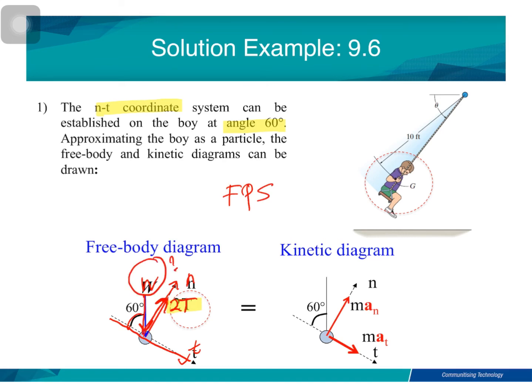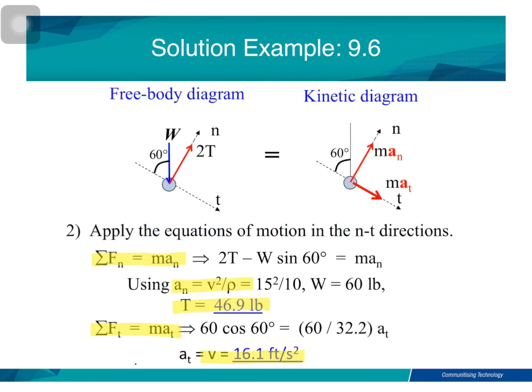Now we have the kinetic diagram: m a_t here, and m a_n here. Now you can use the equations of motion. The rho is given.